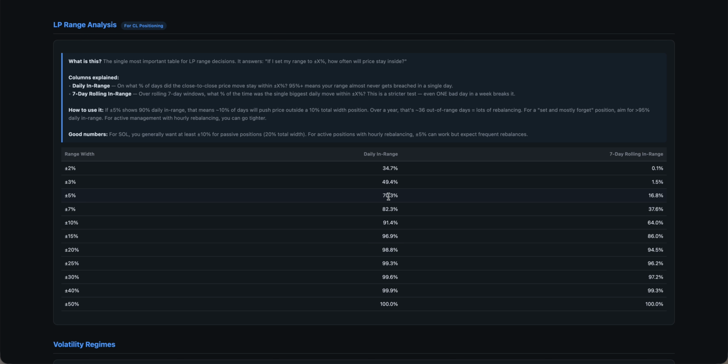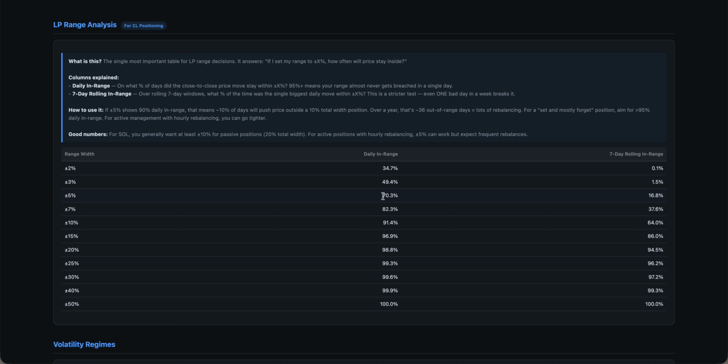So with a wider range, even a 10% range, you give yourself an edge, because the possibility of you being in range for 24 hours is 70% in this case. It's a pretty not bad number when it comes to these things.